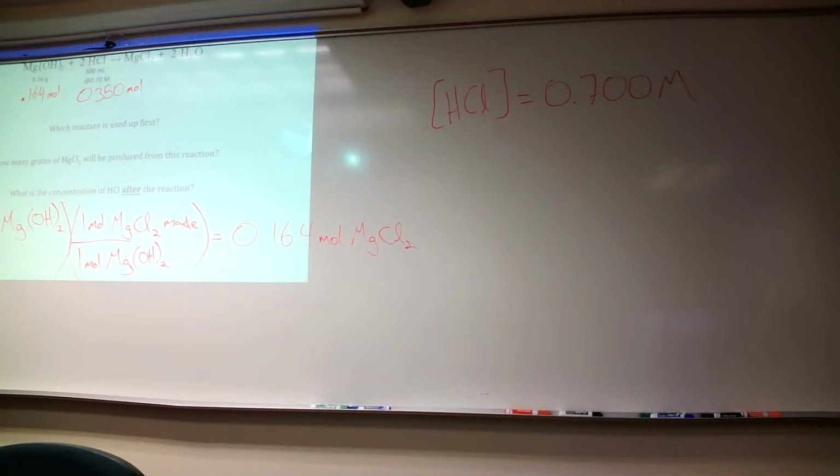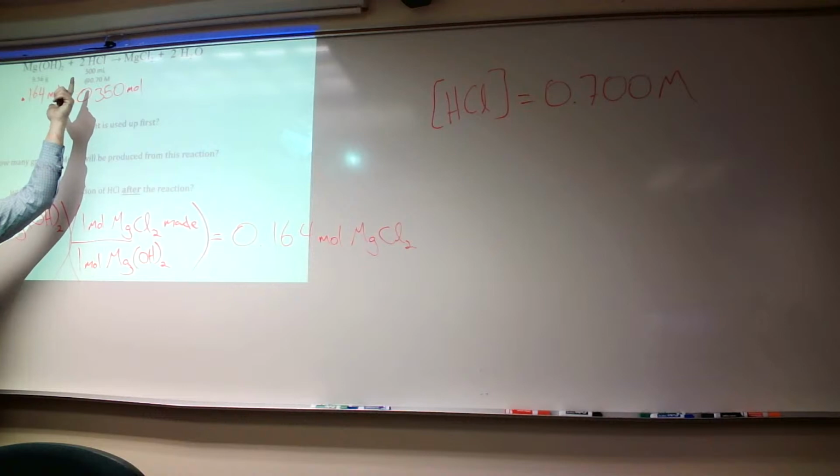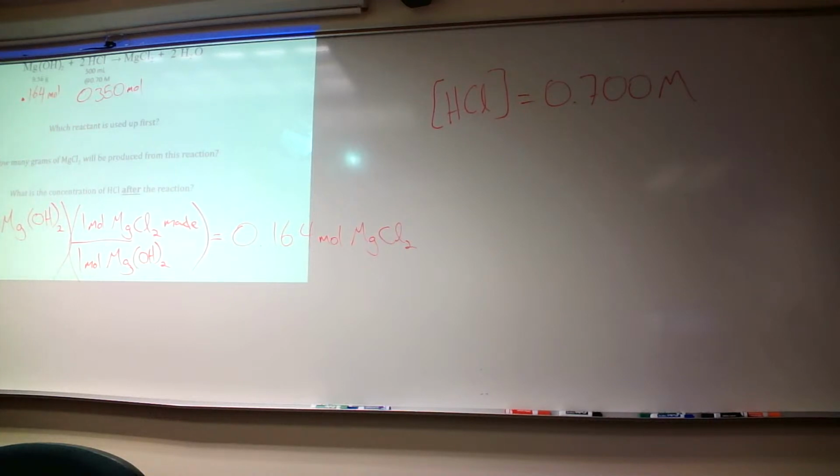And this should all be pretty reviewed. The only new piece of this really is using molarity as a conversion, right? If we have moles of HCl, now it's not a 1-to-1 ratio, so we have to be careful, because it's 2 moles of HCl to make 1 mole of product.